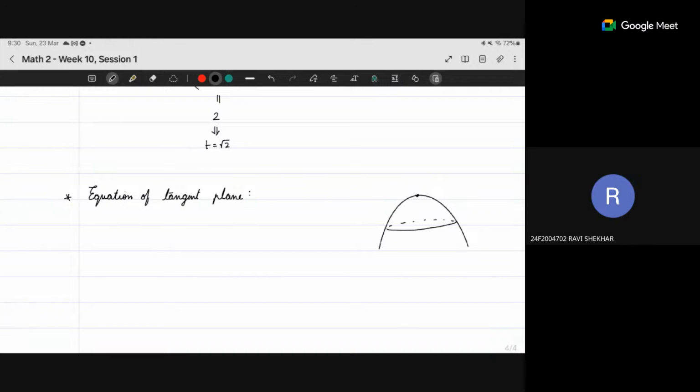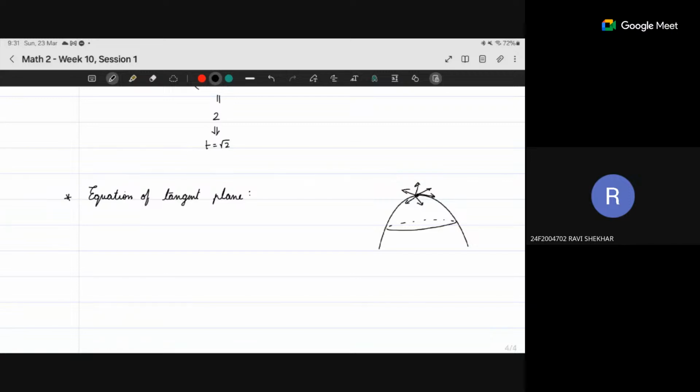So what I'm interested in is I take all possible directions at this point and look at all possible tangent lines and put them all together. And that happens to form a plane when you have that assumption star that we described earlier, that the gradient exists and is continuous at every point. Partial derivatives exist and are continuous. This would imply that the tangent plane exists at that point.